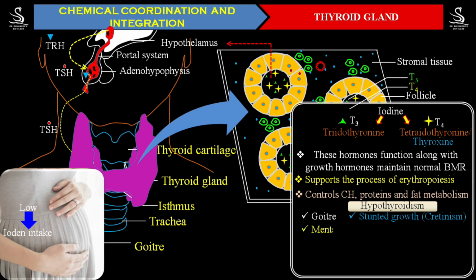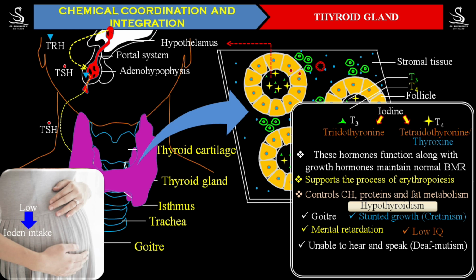Not only that, even the thyroid hormones help in maintenance of mental health. Suppose hypothyroidism is there in a pregnant woman, that will even lead to mental retardation of that child, and even low IQ, and the child is unable to hear and speak.